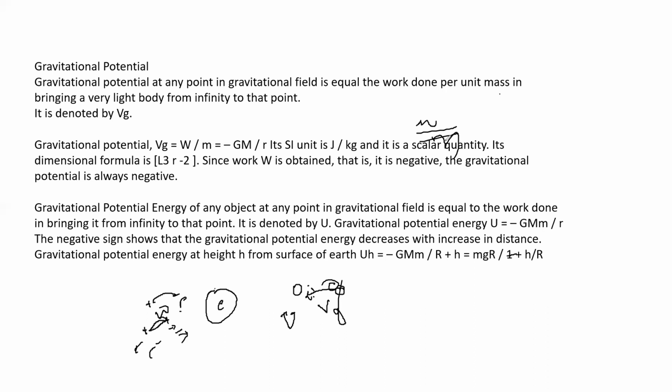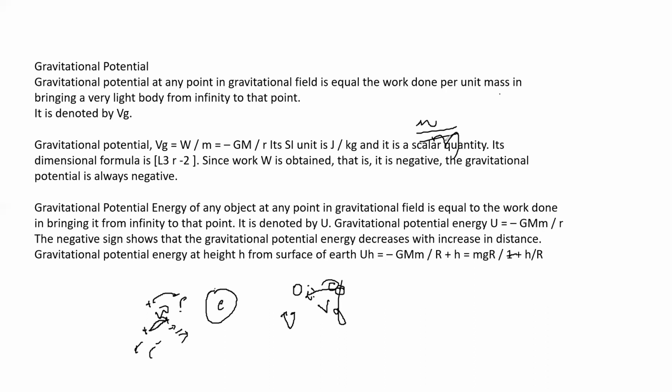The expression is minus G M m divided by r, where M is the mass of the planet and m is the mass of the body, and r is the distance between them.